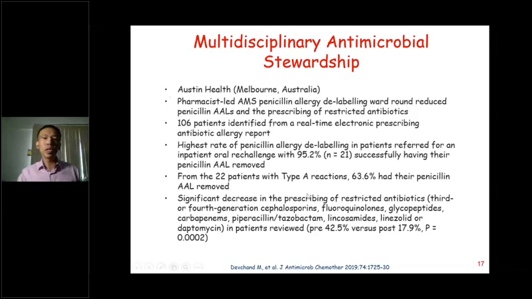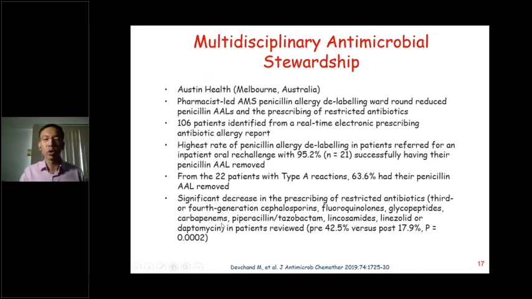And for the 22 patients with the type A reactions, which are the non-hypersensitivity reactions, 63% of them had their penicillin antibiotic allergy label removed. What this program subsequently showed was a significant decrease in the prescription of restricted antibiotics: third, fourth generation cephalosporins, fluoroquinolones, carbapenems, pip-tazo, and linezolid.